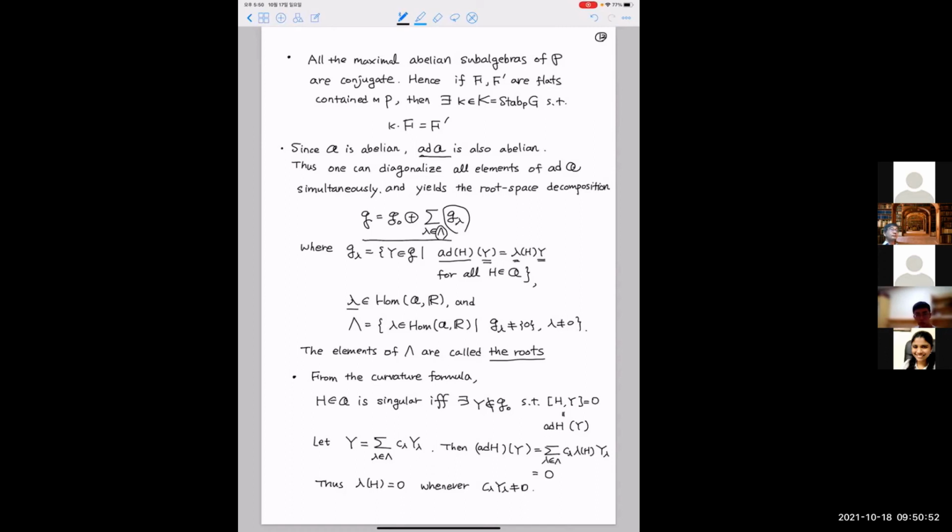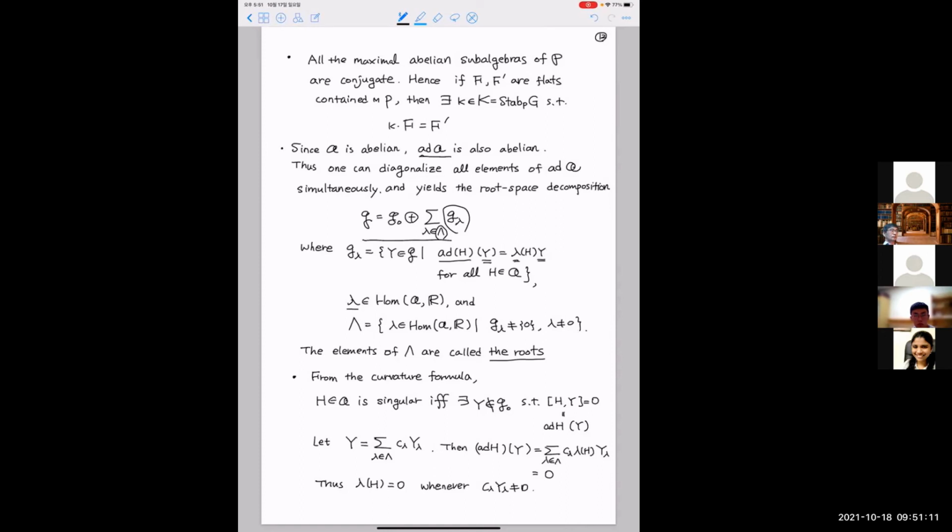Now from the curvature formula, from the root space decomposition, we want to characterize the regular geodesic and the singular geodesic.